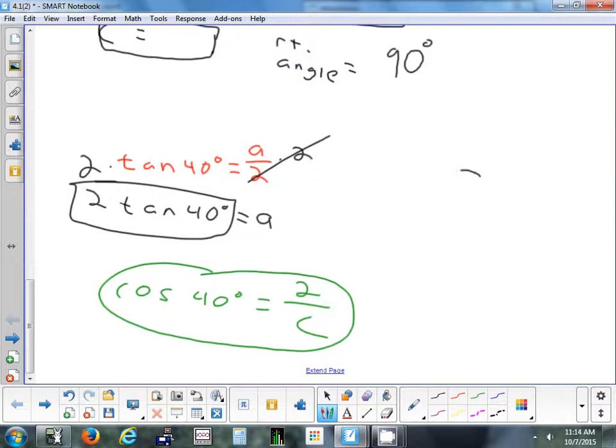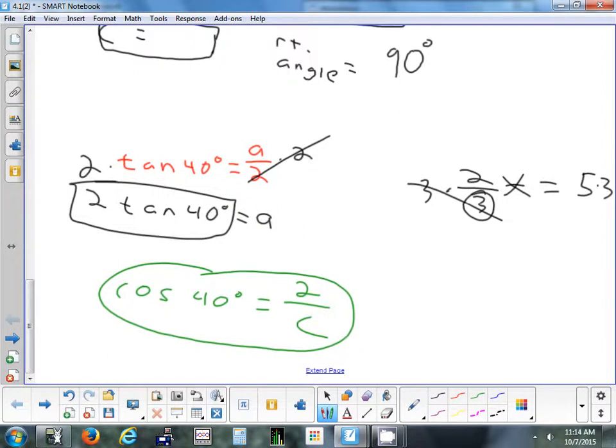Think about if you had something like this: what would you multiply each side by here just to get rid of that number? What's the opposite of divide by 3? Multiply by 3. It cancels those out.